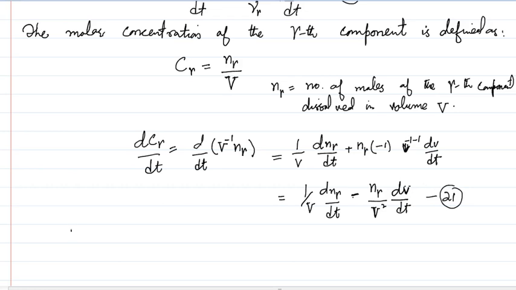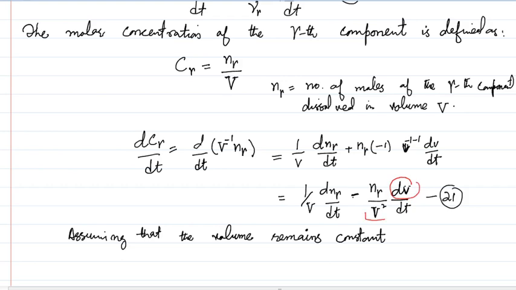Now we will take a condition here, assuming that the volume remains constant, and if you look closely into equation 21, if volume remains constant, this term will be 0. That means this whole term will be equal to 0.